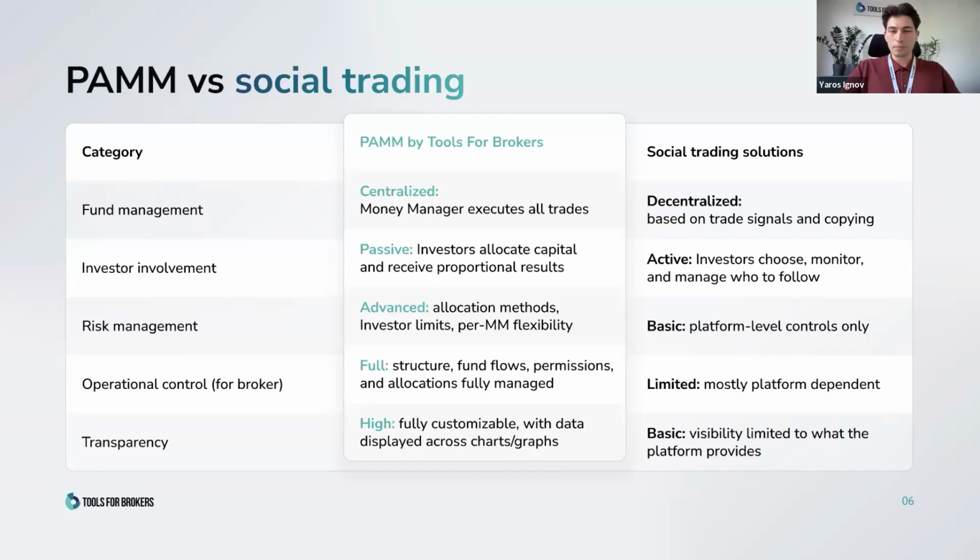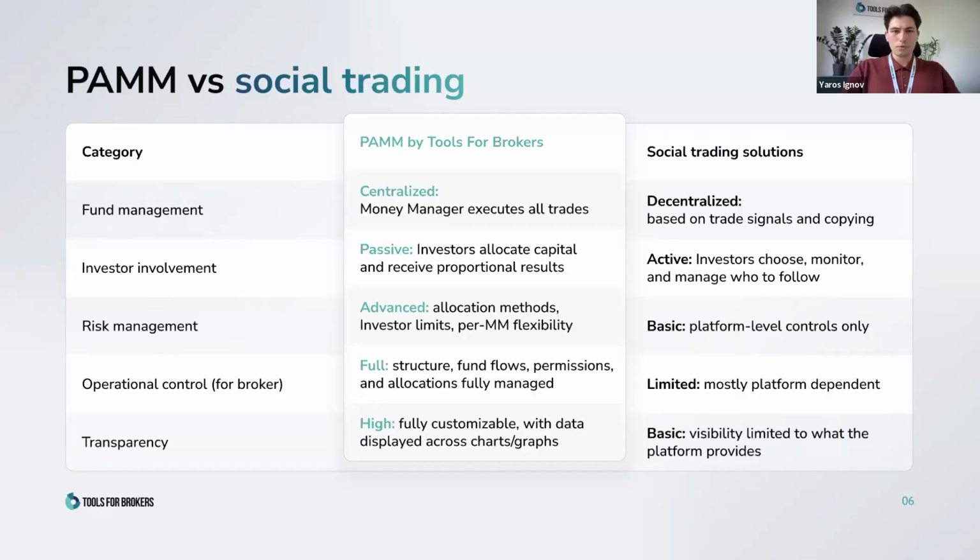And that creates one of the most frequent questions we get. Can PAM and social trading work together in the same environment? And the short answer is yes, absolutely. While these two solutions may sound similar, they actually serve different investor profiles and offer different functional benefits. PAM is all about fully automated passive investing.